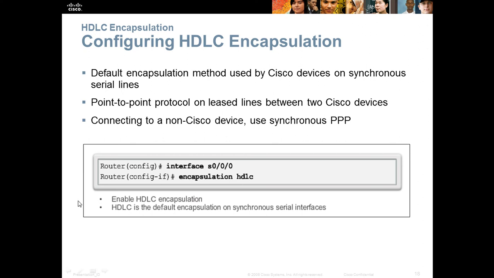The basic commands on a router where we would like to configure HDLC: global configuration mode, interface serial 0/0/0, and on the interface we would like to configure, give the command encapsulation hdlc. This command enables HDLC encapsulation, and HDLC is the default encapsulation on synchronous serial interfaces.